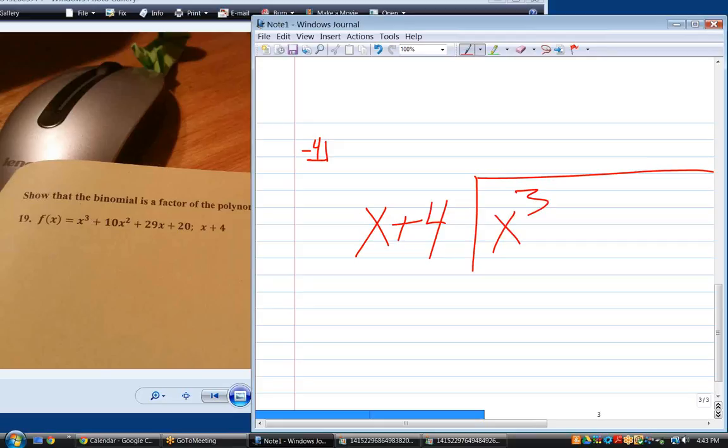But when you do long division, you end up subtracting. So if you're going to turn it into an addition problem, you have to have the opposite sign of the number in the box in order to turn this into synthetic division. So that's one way to look at it. The way I look at it is I always realize that what goes in the box is the solution, not the factor, but the solution.